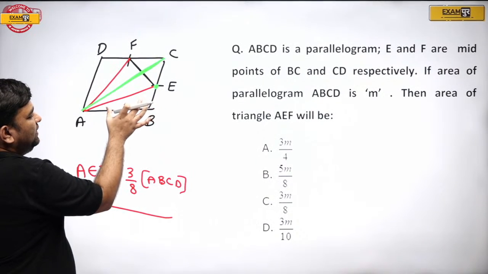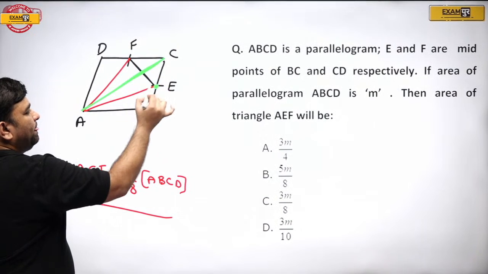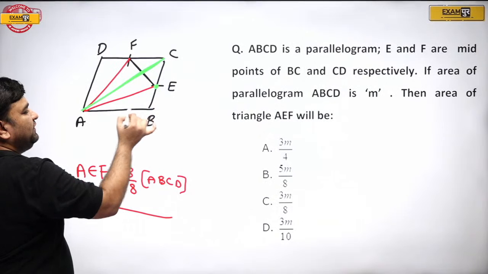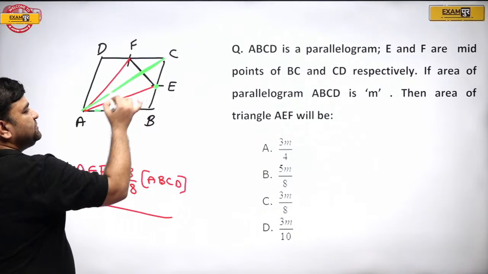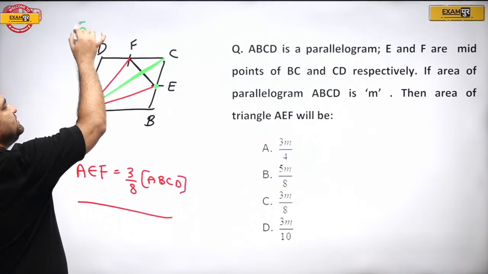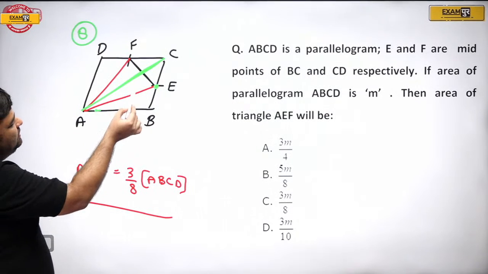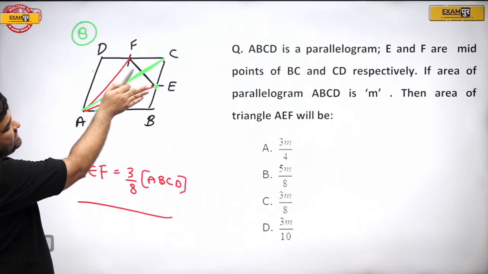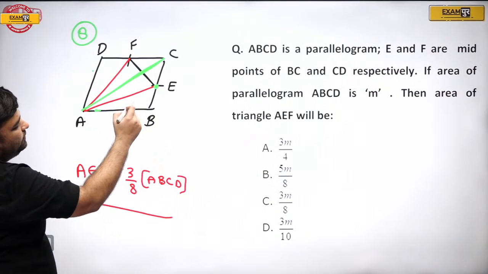Can I say these two portions will have equal area? Assume the area of the parallelogram as 8. So this is 4, this is 4. And among 4, this is 2, this is 2.